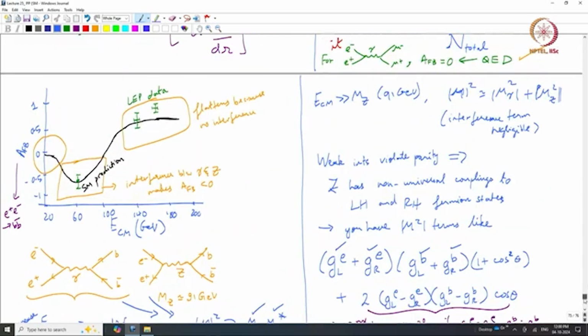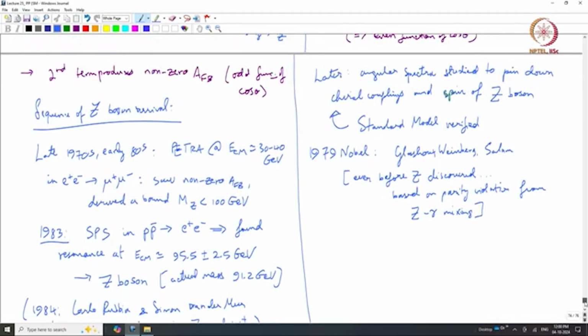What do I mean by that? Just based on looking at this weird thing, this little thing where the forward backward asymmetry was already non-zero, so the parity was being violated. They saw that it was matching with what you get from the Z boson and the photon amplitudes interfering.